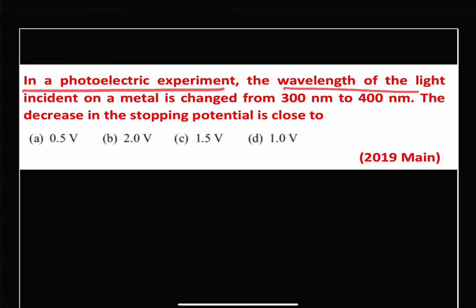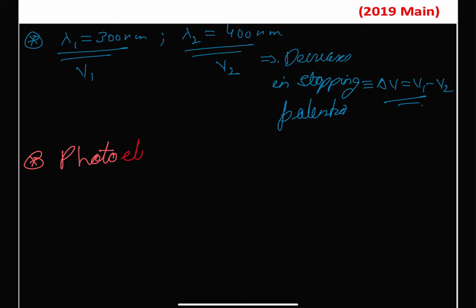And we can just use our photoelectric equation and divide accordingly into two wavelengths. So we can say photoelectric equation, this is EV is equal to h nu minus phi, or we can say this will be HC upon lambda minus phi.